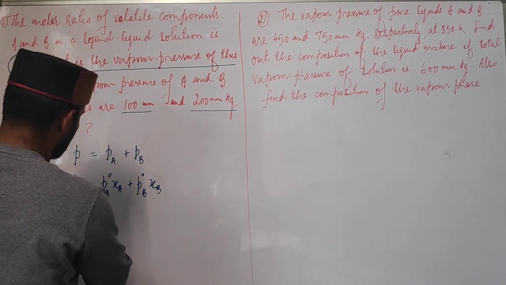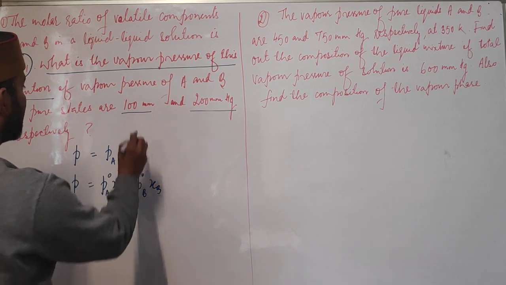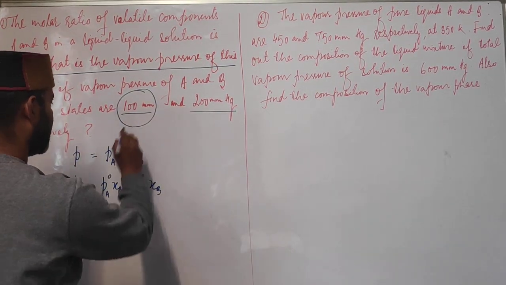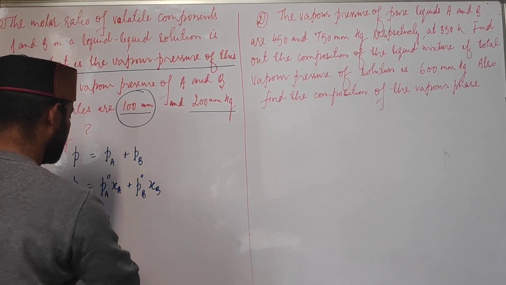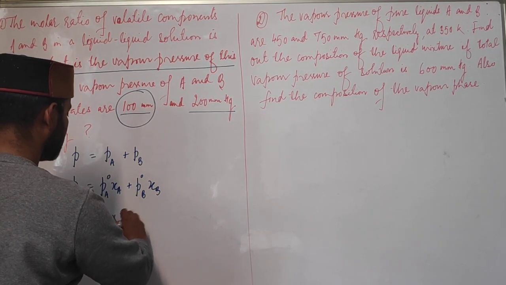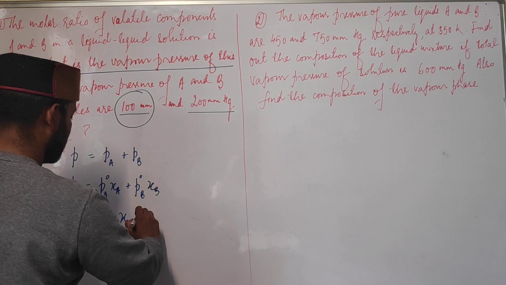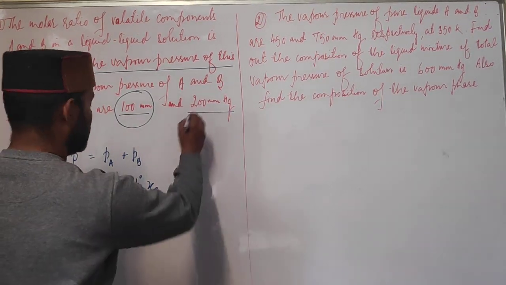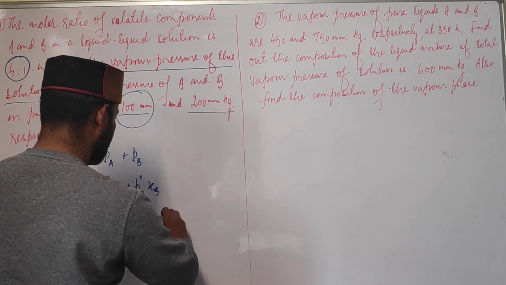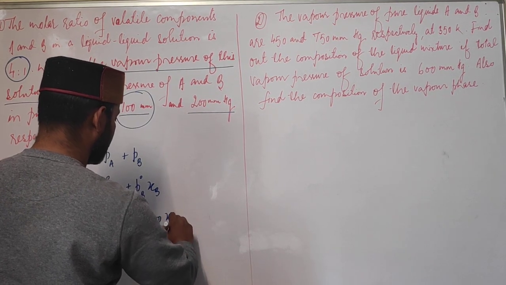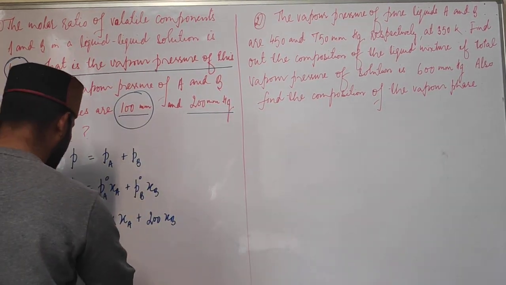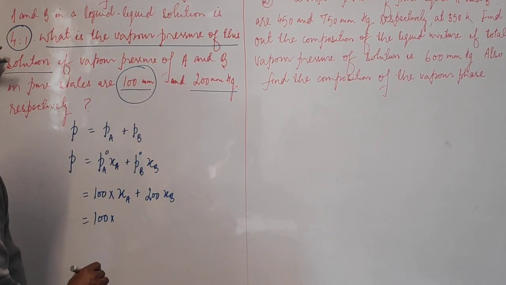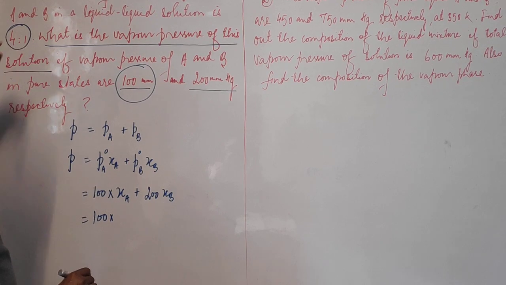Now students, P naught A, that means the vapor pressure of A in pure state, is 100 millimeters into mole fraction of A, plus P naught B is 200 into mole fraction of B. Now students, how much will the mole fractions of A and B be? The number of moles of A is 4, and of B is 1.